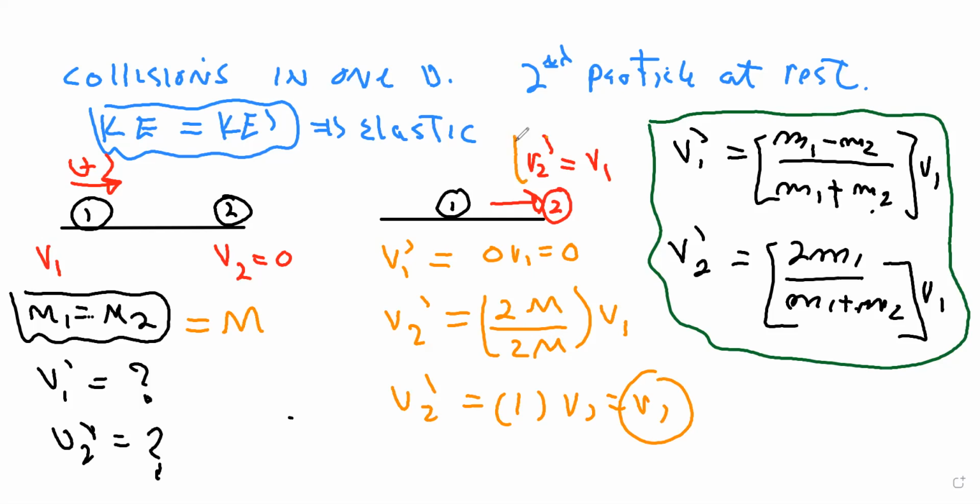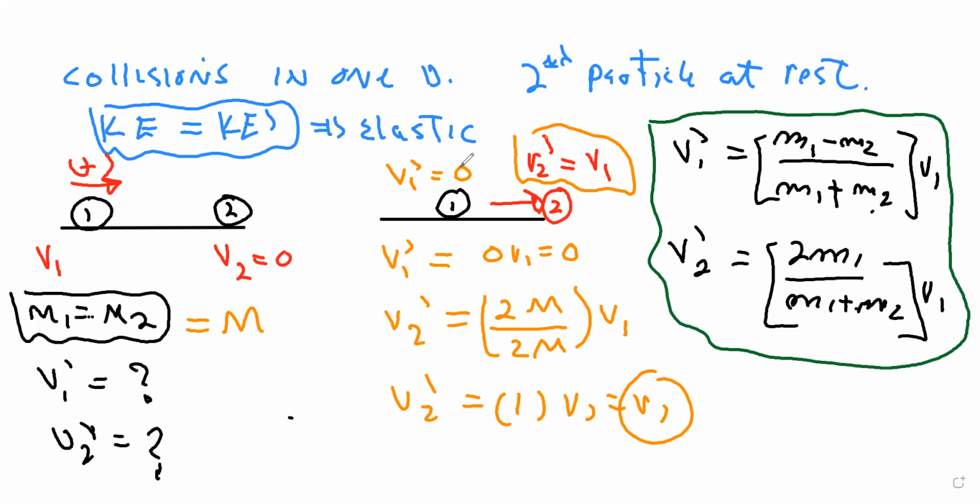This is what's happening: V2 prime is now equal to V1, and V1 prime is going to be 0. The first particle collides with the second particle, and then the first particle stays at rest because V1 prime is equal to 0, according to these equations.